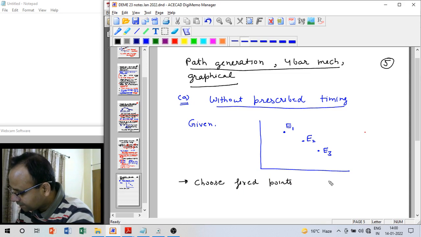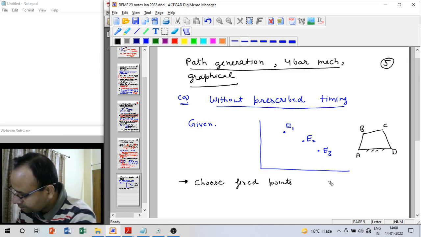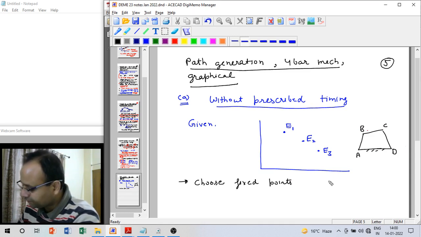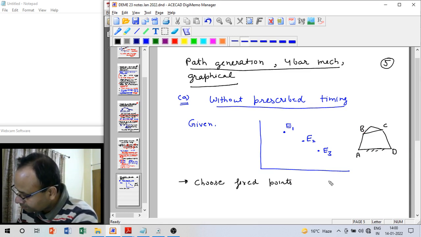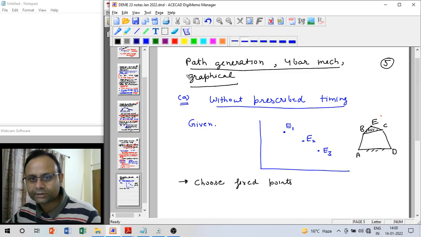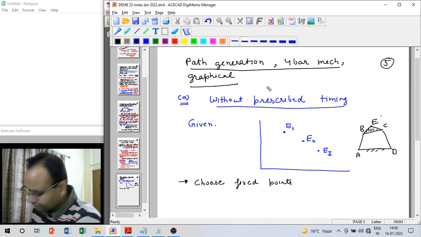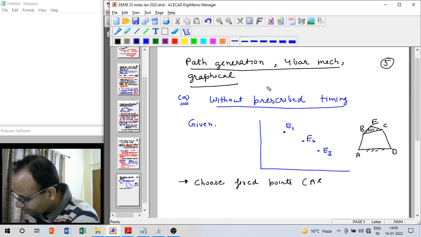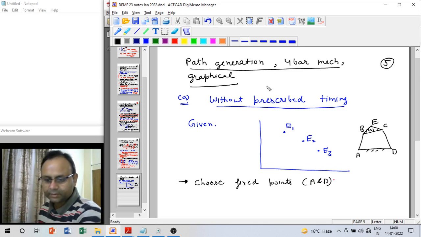Let us say the mechanism we are going to synthesize, let us label it like this: A, B, C, D. A and D are fixed points, and E is a point on the coupler which passes through these points. So choose fixed points A and D.